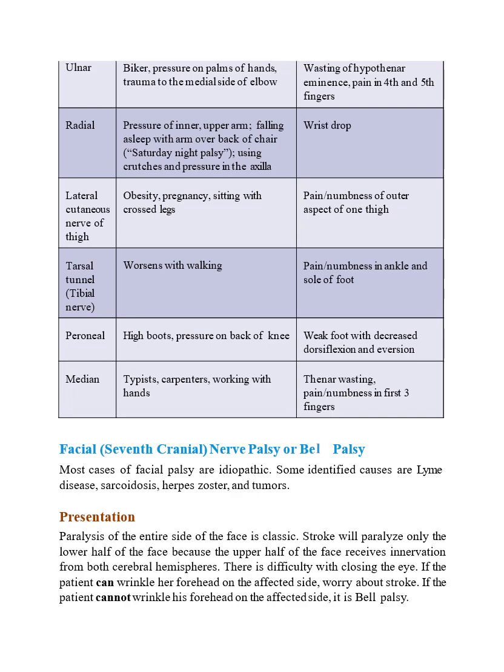There is difficulty with closing of the eye. If there is difficulty with closing the eye, if the patient can wrinkle her forehead on the affected side, worry about stroke.